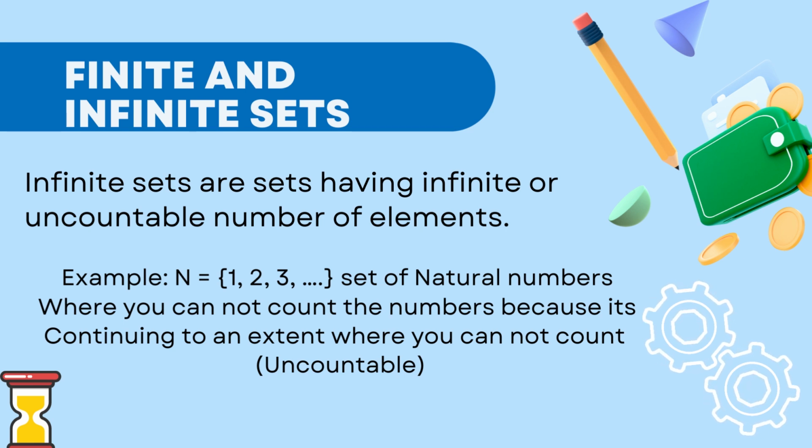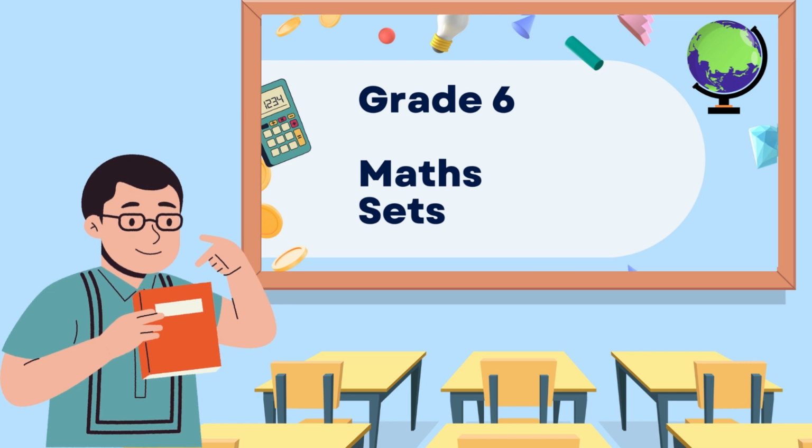This represents an infinite set, the set of natural numbers, where you cannot count the numbers because it's continuing to an extent where you cannot count. Thank you so much.